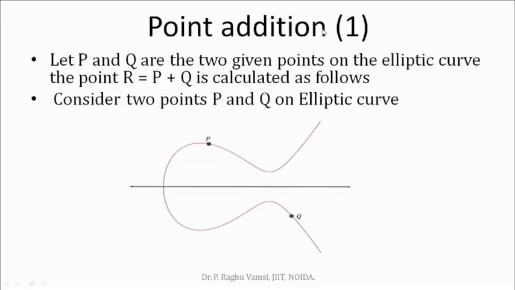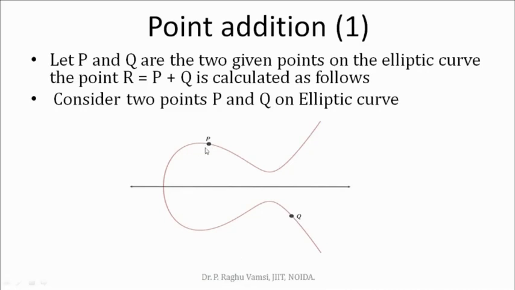Here, in the point addition operation, let P and Q be two given points on the elliptic curve. Then the point R equal to P plus Q is calculated as follows. Consider two points P and Q. For example, this is the elliptic curve as we have seen in the previous slides and in the last lecture. Let P be a point generated on the elliptic curve, and Q be another point generated on the elliptic curve.